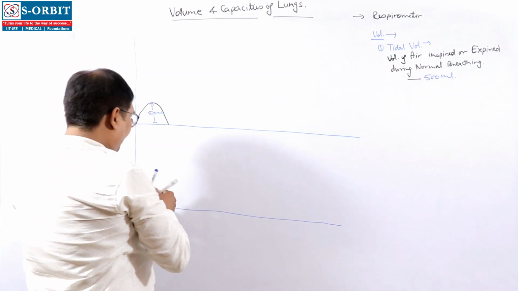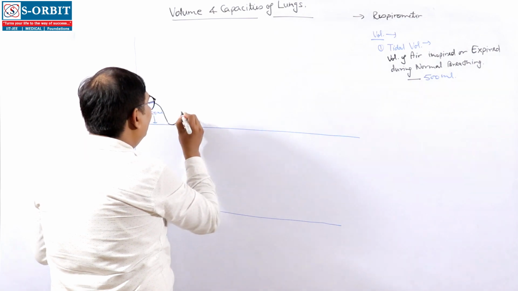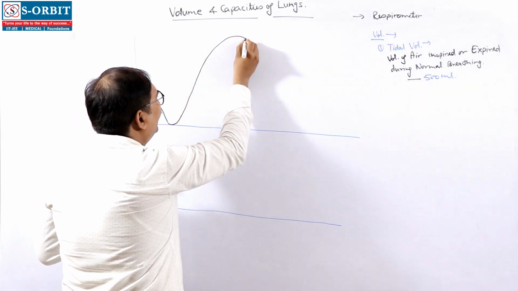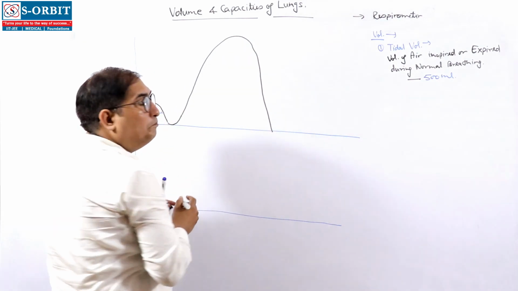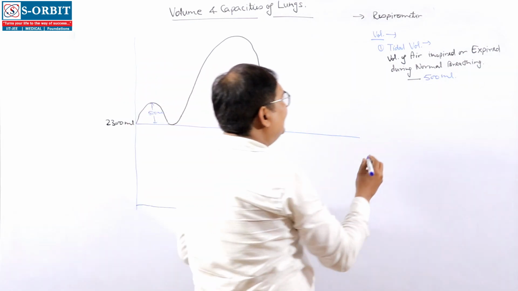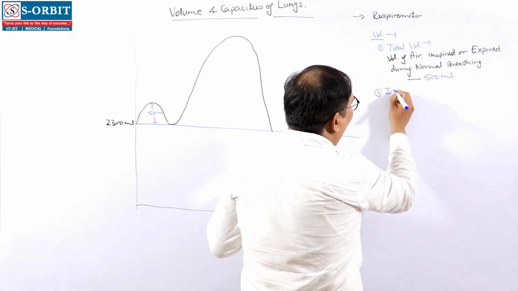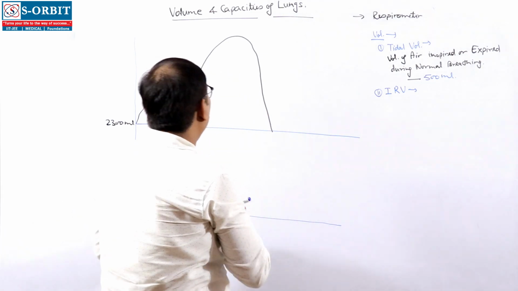Now, the volume of air that is inspired above tidal volume by most powerful inspiration is known as inspiratory reserve volume, IRV.